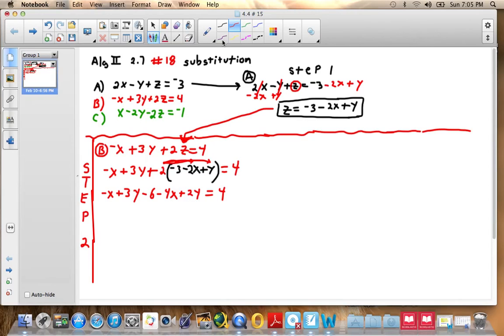Okay, now I want to combine like terms after I've done that. So I have an x right here. And remember, I always want to include the sign that's in front of my number. In this case, I have the minus sign, or negative, however you want to look at it. And then I want to combine my next terms, my y's.